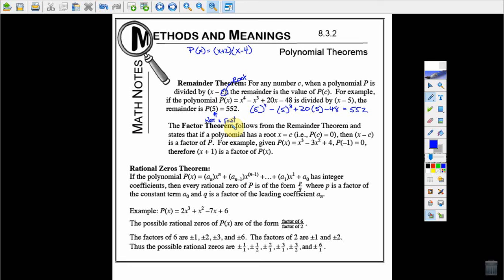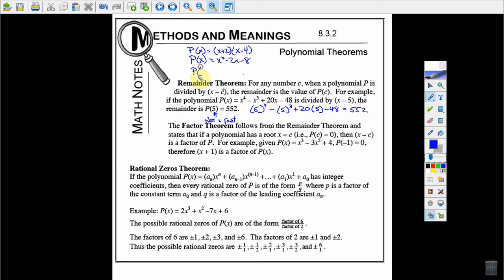We could test this out real fast. If I started with a polynomial in factored form, which will let me know right away that my roots are going to be -2 and +4, and I multiply this out, then I get x squared minus 2x minus 8 is equal to p of x in standard form. And so I could show that those roots give you a remainder of 0 by plugging in one of those roots that I know.